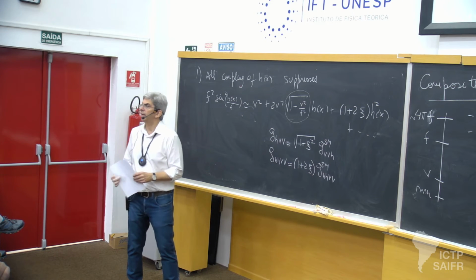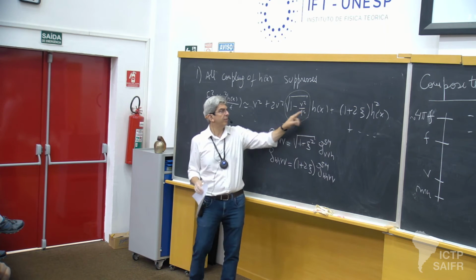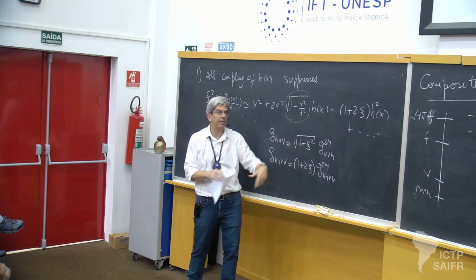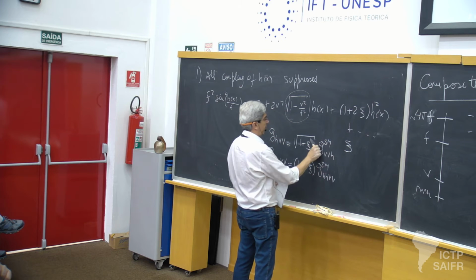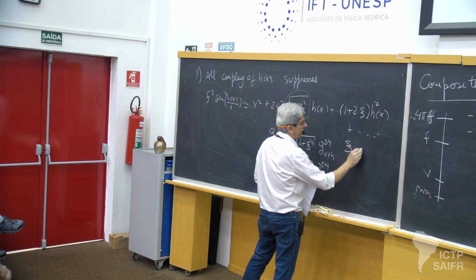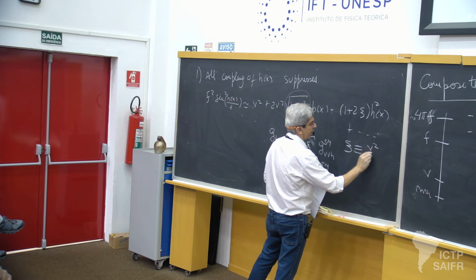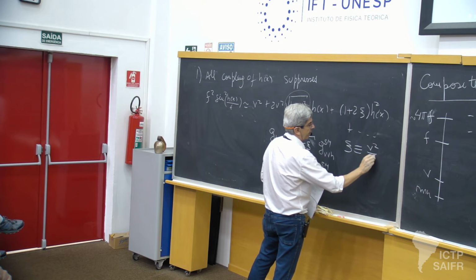Similarly, the Higgs coupling to the fermions will be suppressed by this very same factor. I define this parameter psi to be v squared over f squared, right?